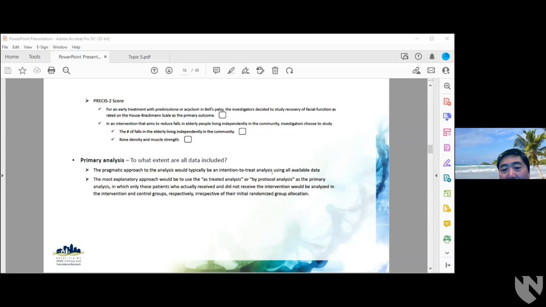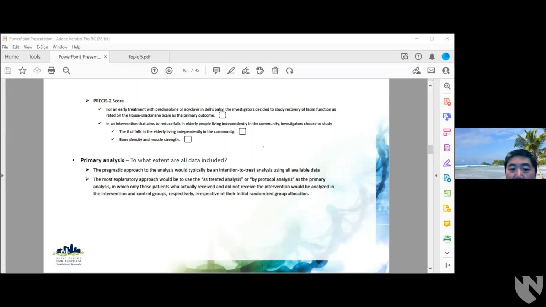This is less likely to happen in an ERCT, but it very commonly happens in a PRCT. So for a pragmatic trial, if you define your trial as a pragmatic trial, the primary analysis is intent to treat.